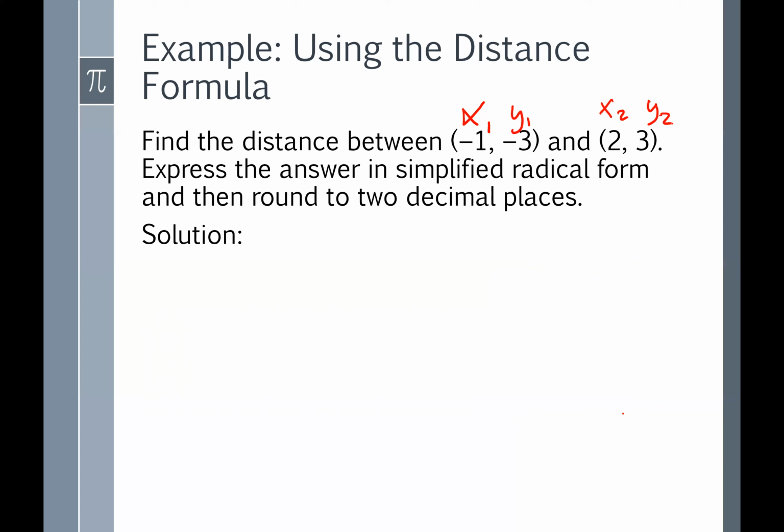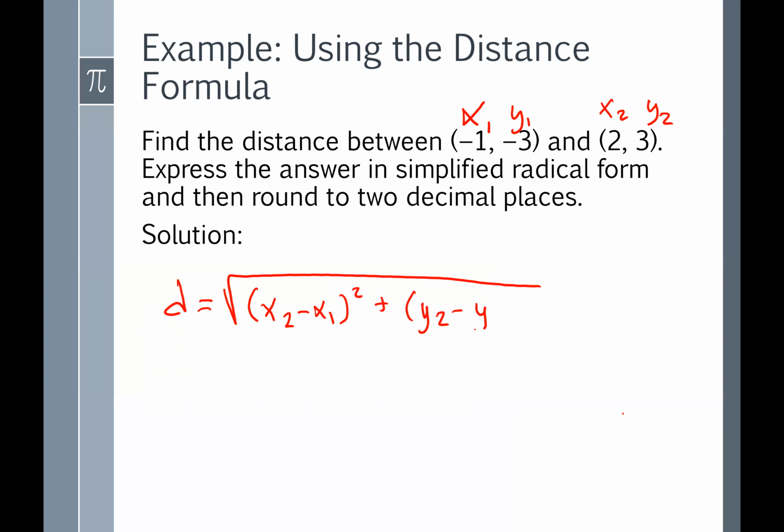And that'll help you a little bit in the substitution. So the distance between the 2 points on the coordinate plane would be the difference in the x coordinates squared plus the difference in the y coordinates squared. And we're going to take the square root of that. And now we're going to make these substitutions.